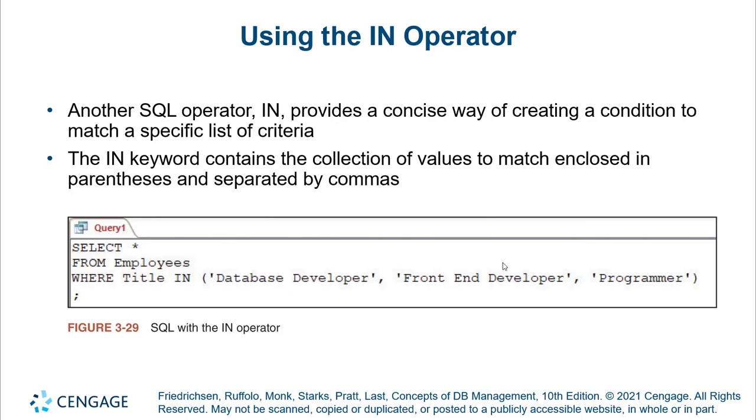You can think of it the same way as typing in the where clause: where title is equal to database developer, or title is equal to front-end developer, or title is equal to programmer, right? It's just a more concise way of doing that. As long as one of those entries matches a record, it's going to return those records. So when you run it, you're going to get all the records of all the database developers, all the front-end developers, and all of the programmers.